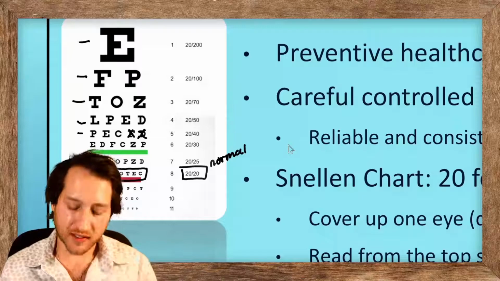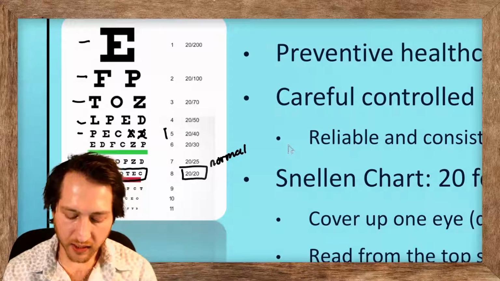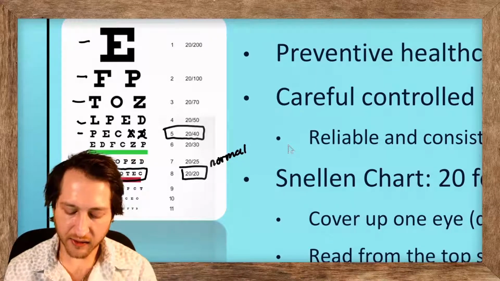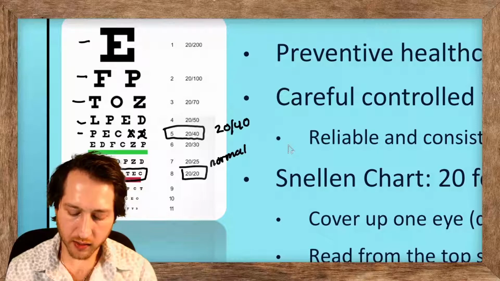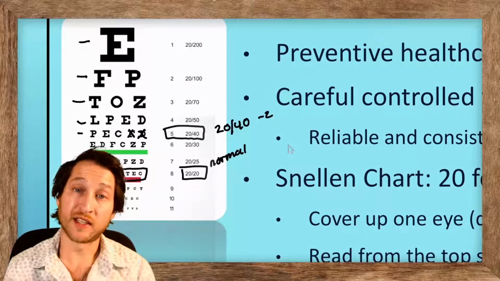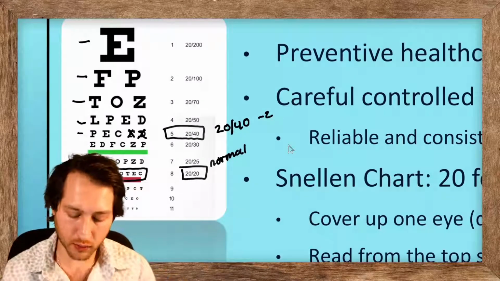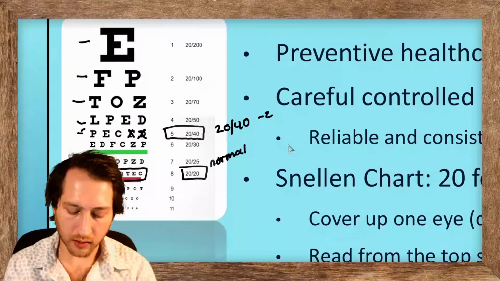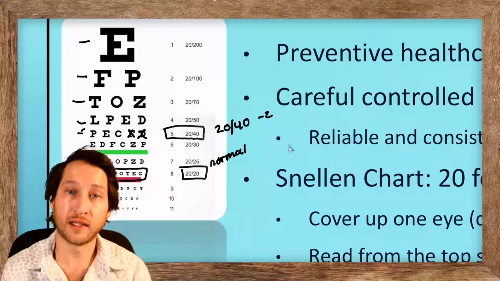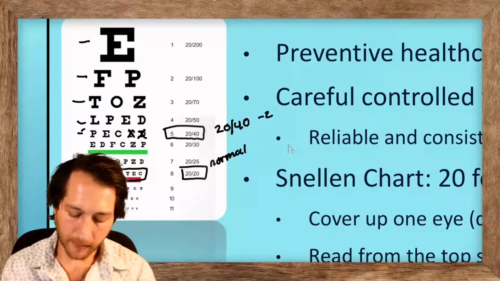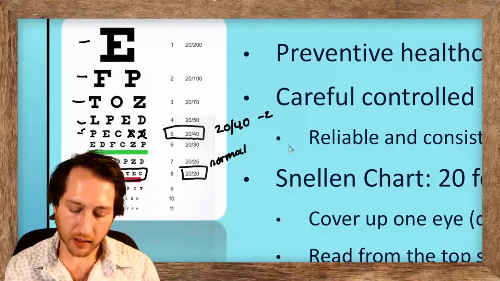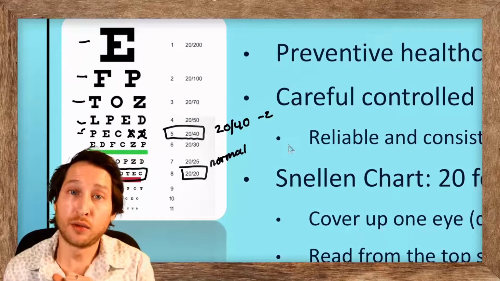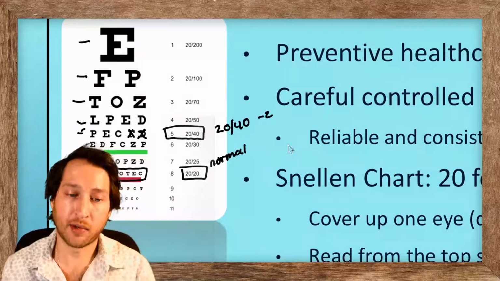If they only miss 2, you can account for this line, and you would say that this person would be 20 over 40 minus 2 because they missed 2 letters. If they miss any more than 2, then you have to go to this line above, and they'd be 20 over 50. Okay? So you have to get all of the letters right with only missing 2 to basically pass that particular line.